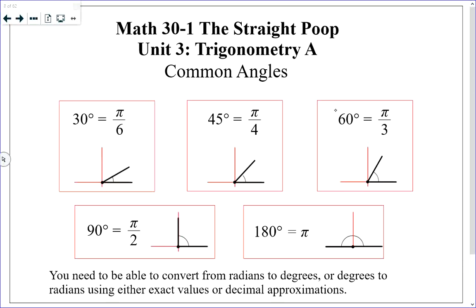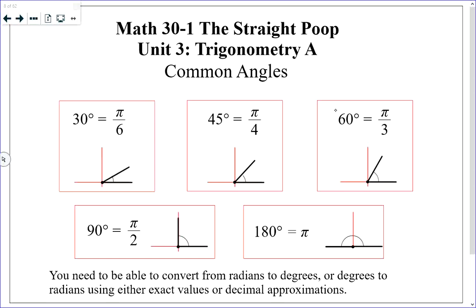You're expected to be able to convert from radians to degrees or degrees to radians using either exact values or decimal approximations. If you have a situation where you cannot do that conversion because the angle is not a multiple of one of these common angles, then you can always use the ratio of pi radians over 180 degrees equals, let's just say you're converting 37 degrees into radians.